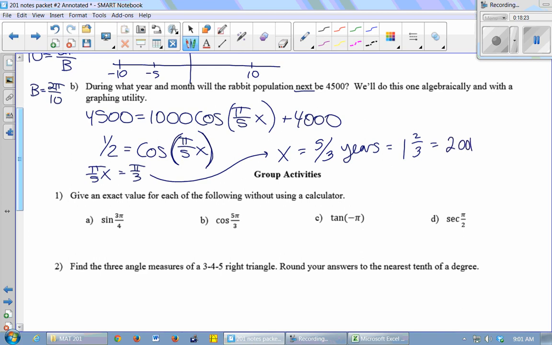What month? August. So 1/3 of a year is 4 months, so 2/3 is 8 months, which is the month of August.